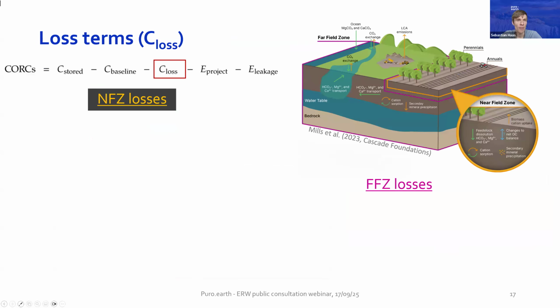Getting to the loss term in the Cork equation, losses can occur in the near field zone and in the far field zone. They need to be quantified if they are applicable by measurements, modeling, or conservative estimate.